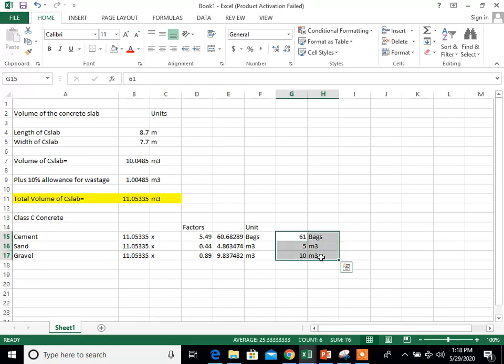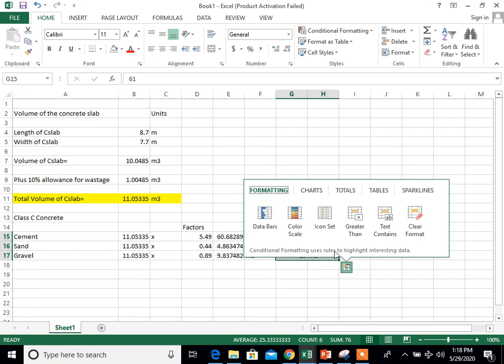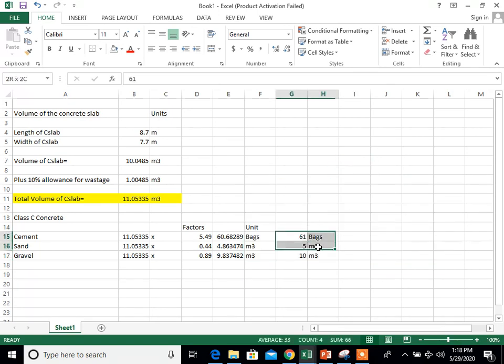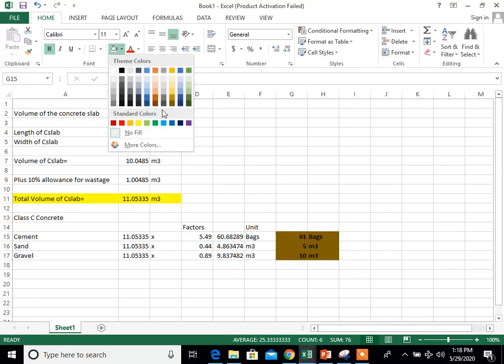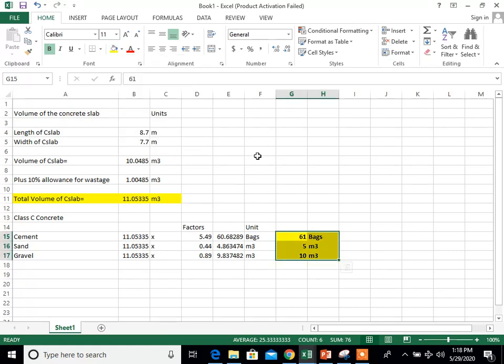So that's all for estimating cement, sand, and gravel in concrete for structural components of a building. Here is our total quantity for cement, sand, and gravel: 61 bags, 5 cubic meters, and 10 cubic meters. So that's all for problem number 1.